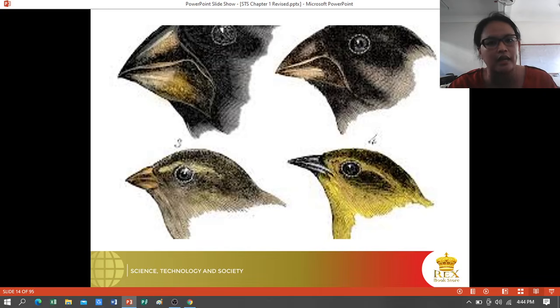So, do you think the ones with big beaks can survive? No. Eventually, without eating, because there's no access to food, it will perish also.